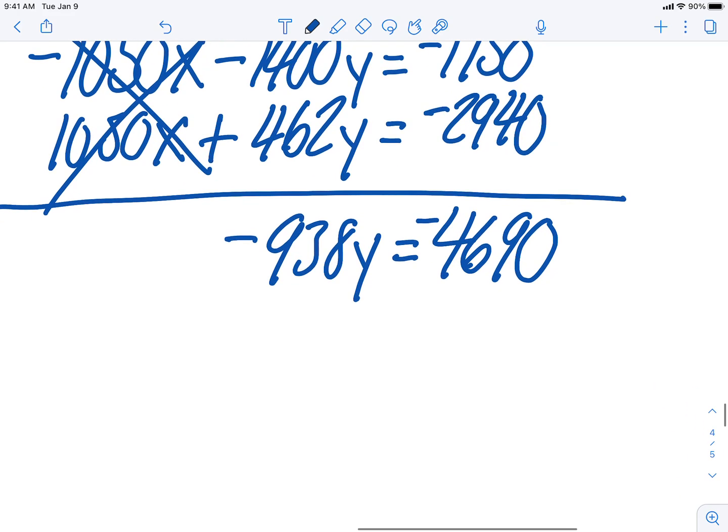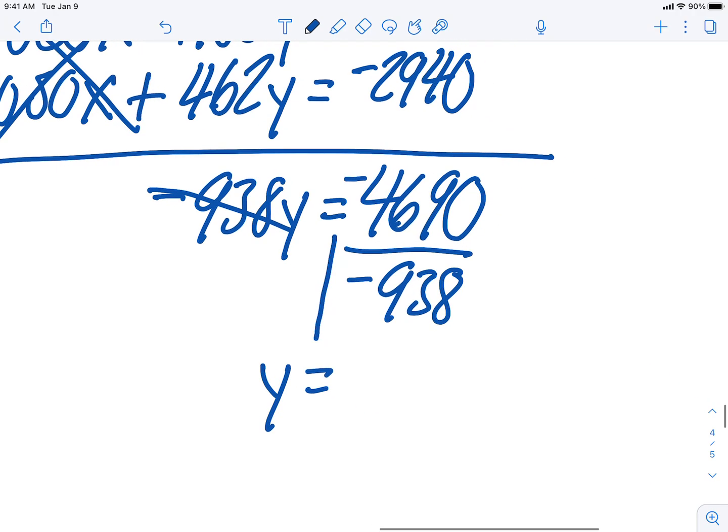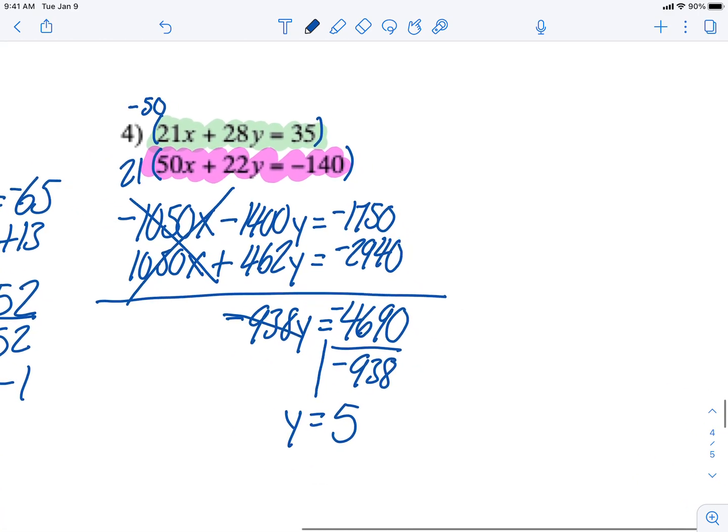Right? So the opposite of multiplying by negative 938 is dividing by negative 938. And I get y is equal to, let's see, 4690 divided by 938 gives me 5. Look at that. All that stuff just to get 5.